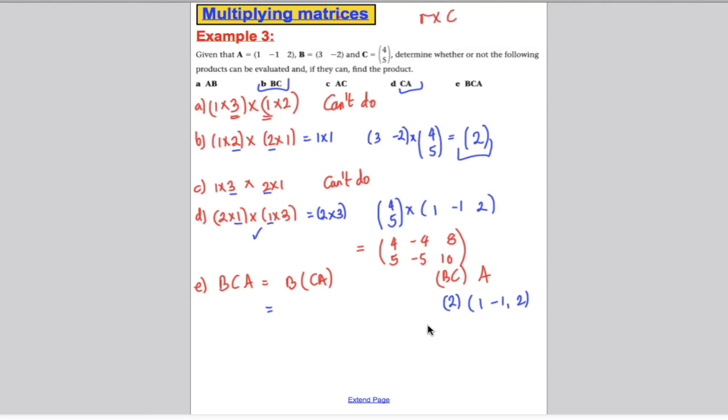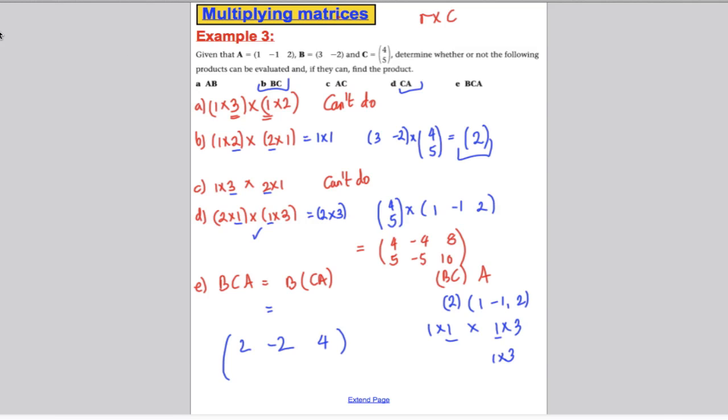Now, that's a 1 by 1 multiplied by a 1 by 3. So we can do it because you have 1 times 1, and we're going to get a 1 by 3 answer. So 2 times 1 is 2, 2 times negative 2 is negative 2, and 2 times 2 is 4. And we're going to get ourselves that as our final answer, a 1 by 3 matrix, and we're done.